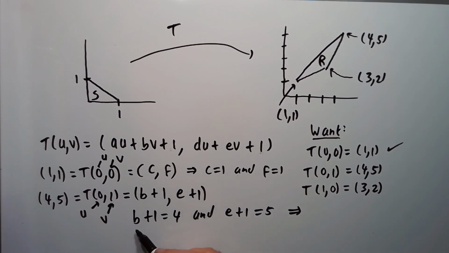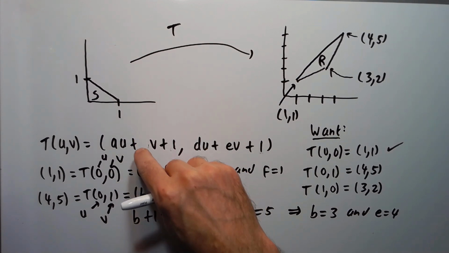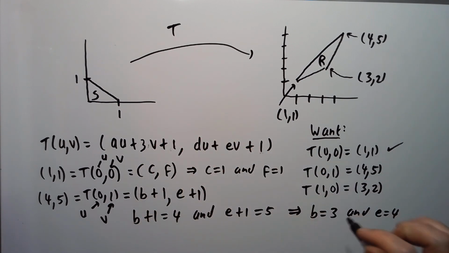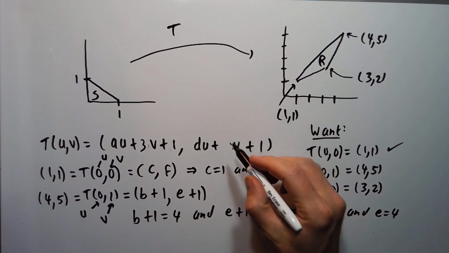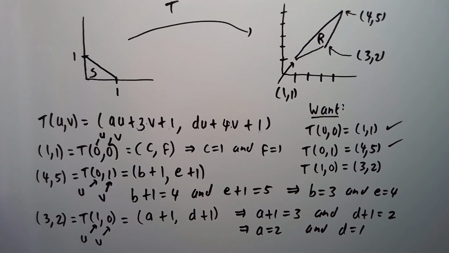This would mean that b is 3, and when subtracting 1, e is 4. Okay, so now let's replace the b up here with 3 and replace the e with 4. We still have to find a and d now. So we've done that one, let's use this guy now to find a and d.